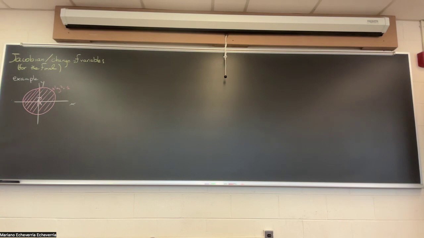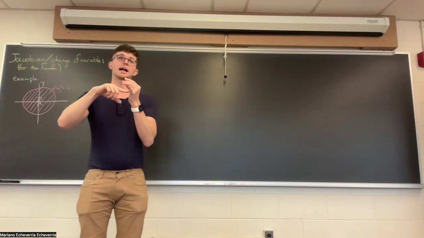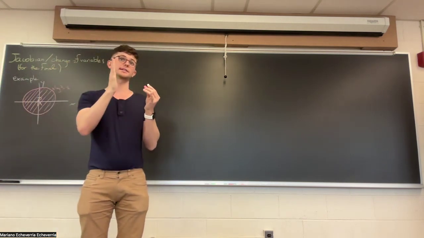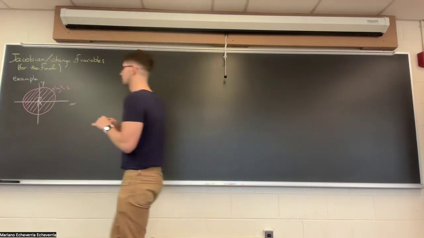There is another way to think about this region of integration, which is closer to what we're going to do today, and it consists in introducing a new set of axes. Usually our axes are x and y, but now I'm going to draw a plane where one axis is the angle theta from polar and the other axis is the variable r from polar coordinates.